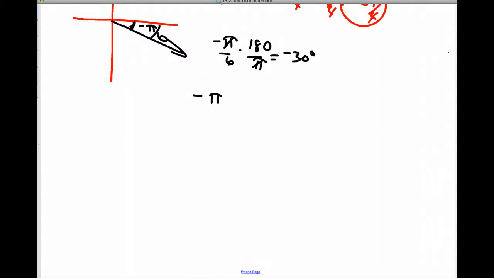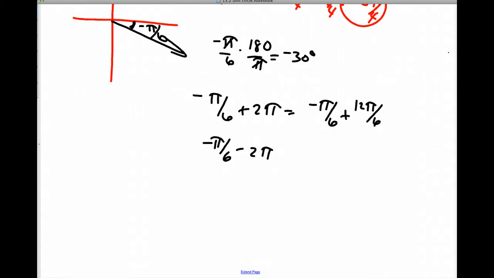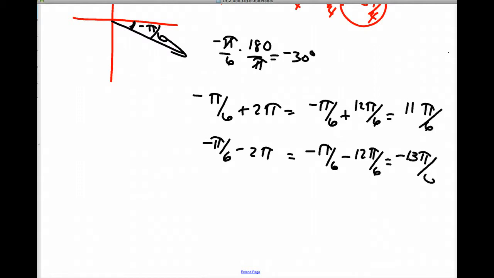Coterminals: negative pi over 6 plus 2 pi, negative pi over 6 minus 2 pi. 2 is the same as 12 pi over 6. So negative pi over 6 plus 12 pi over 6 and negative pi over 6 minus 12 pi over 6. Here you get 11 pi over 6, and here you get negative 13 pi over 6.